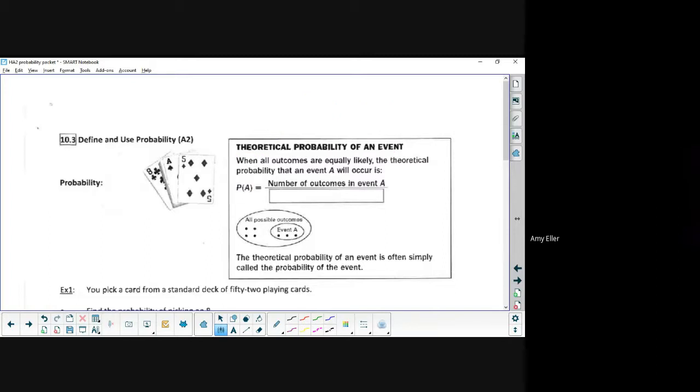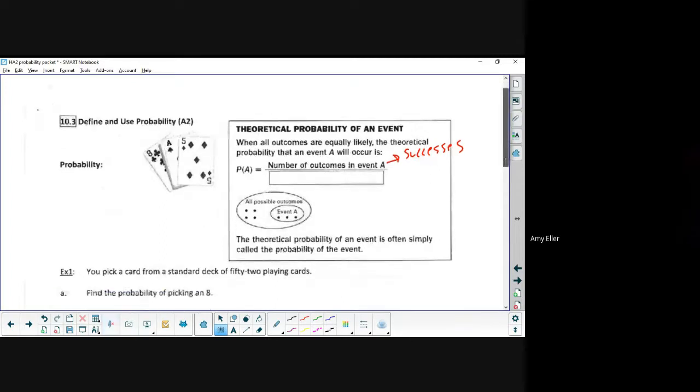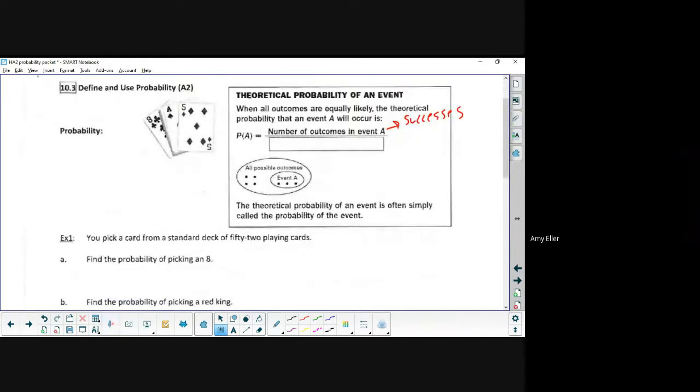So to find the probability, the numerator is the number of outcomes in event A, or I like to say successes, over total outcomes. So let's put an example quick. Let's say I'm doing the probability of rolling a 5 on a standard dice.